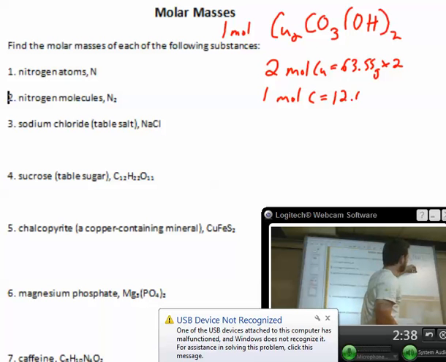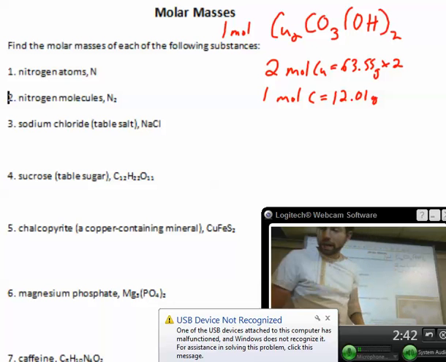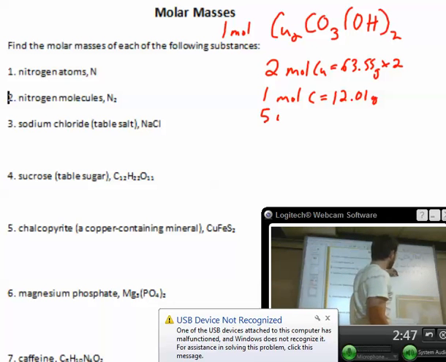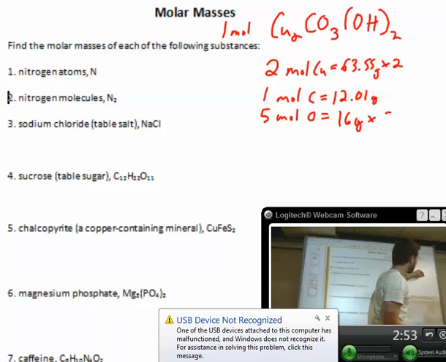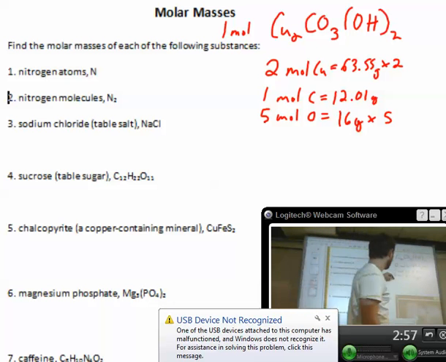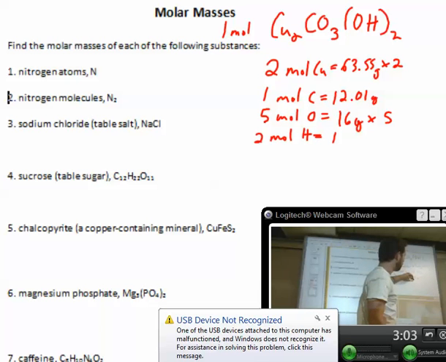Carbon is 12.01 grams. We have 5 moles of oxygen. Oxygen is 16 grams, multiplied by 5 because there's 5 moles. And then hydrogen, we have 2 moles, therefore it's 1 gram times 2.